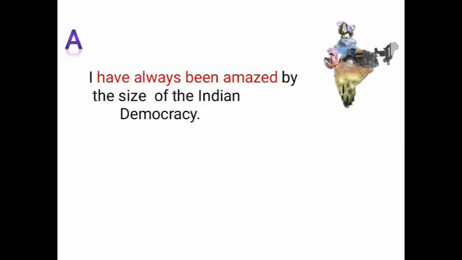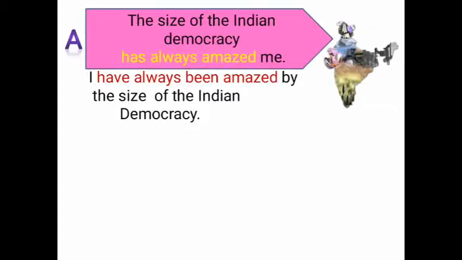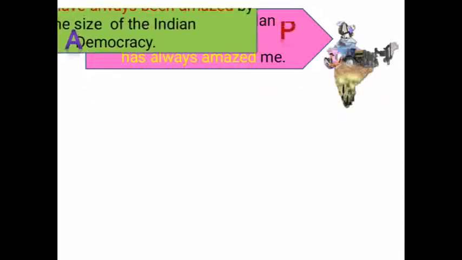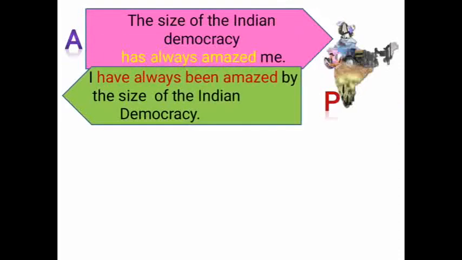Now we have an example of a sentence in passive voice, that is, I have always been amazed by the size of the Indian democracy. This sentence in active voice would be, the size of the Indian democracy has always amazed me. So according to the rules, has amazed changes to have been amazed.